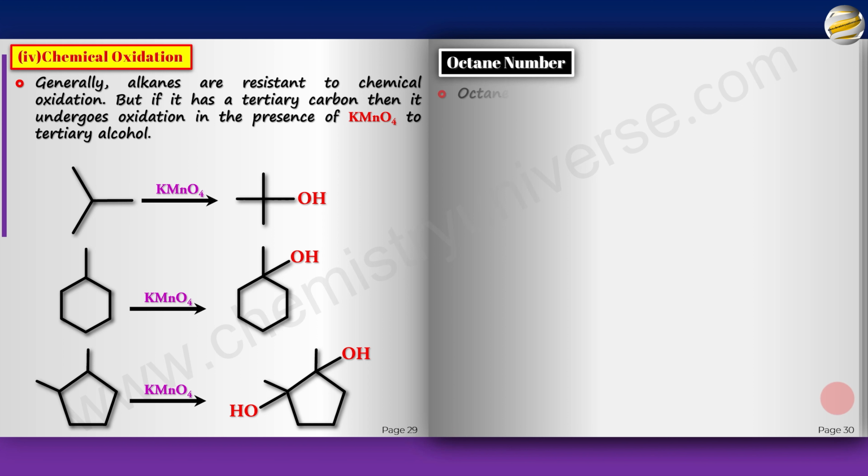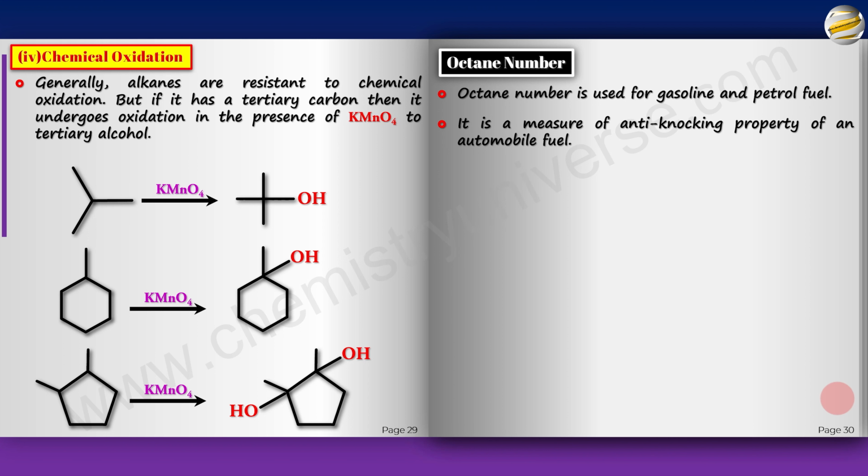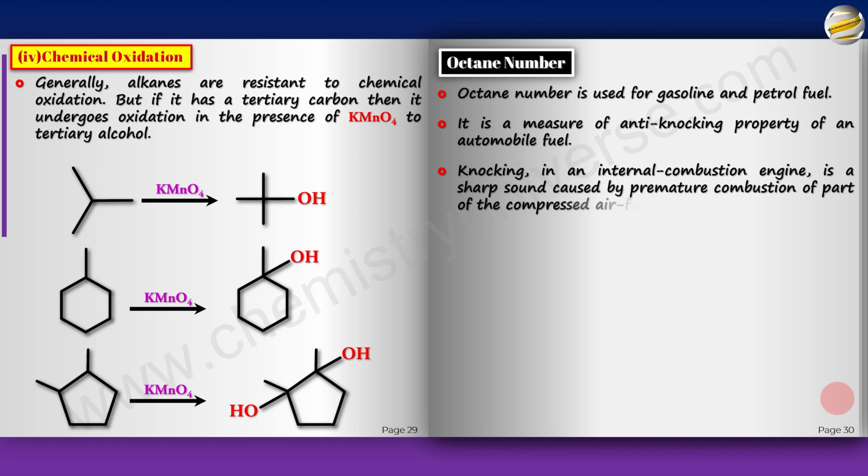Now, octane number is used for gasoline and petrol fuel. It is a measure of the anti-knocking property of an automobile fuel. Now, knocking in an internal combustion engine is a sharp sound caused by the premature combustion of part of the compressed air-fuel mixture in the cylinder. So, it is premature combustion.